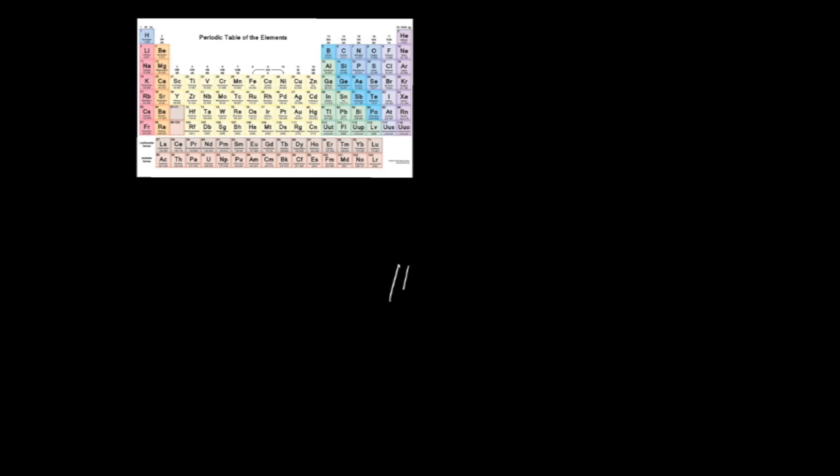Hydrogen has only 1 proton, and most hydrogens have no neutrons at all. So the mass of hydrogen is usually just 1. We know that it's actually 1.0 something because there is heavy hydrogen. So hydrogen could have 1 proton and 1 neutron.